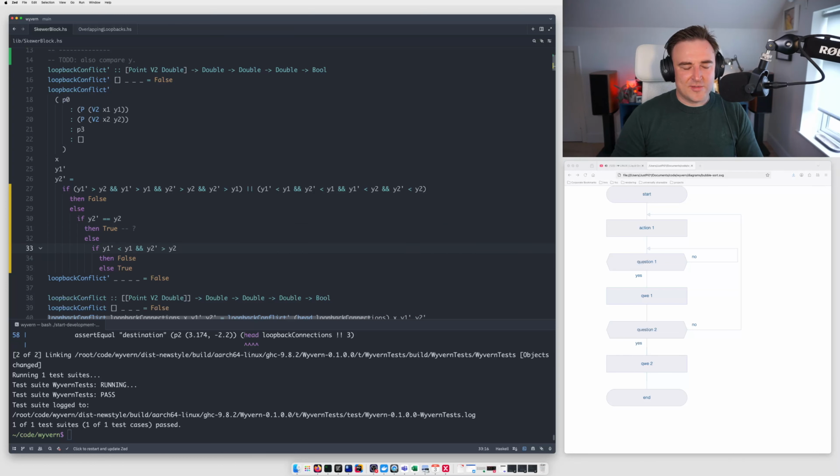So if y1 prime is lower than y1, which is probably always going to be the case, and when y2 prime is greater than y2, we can just do something like this.